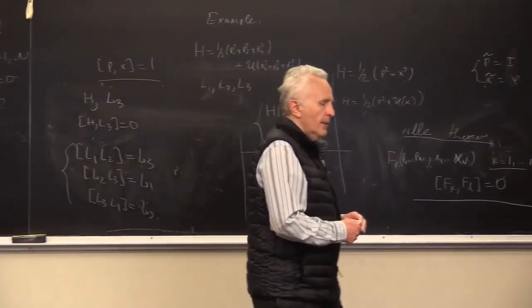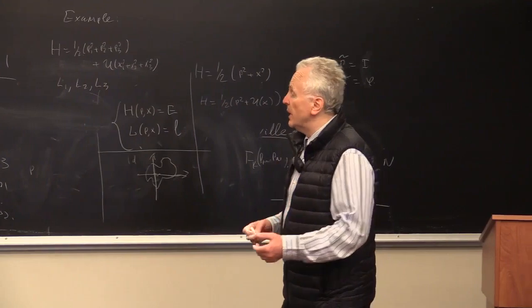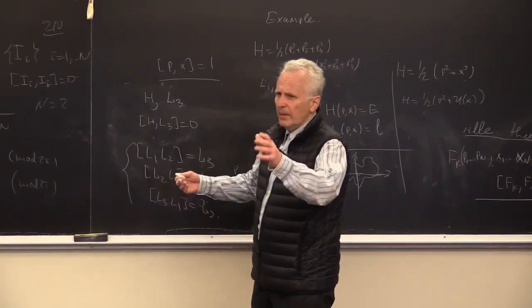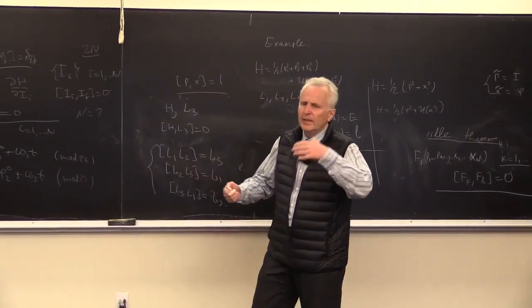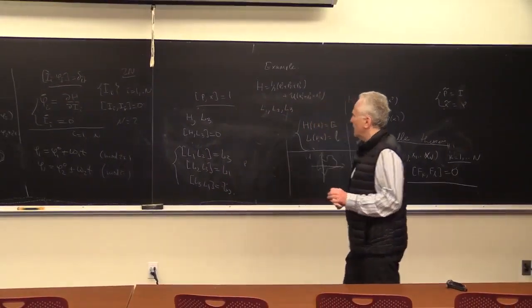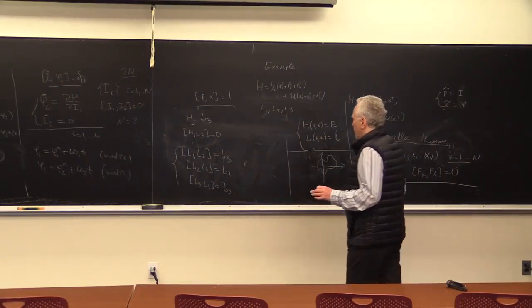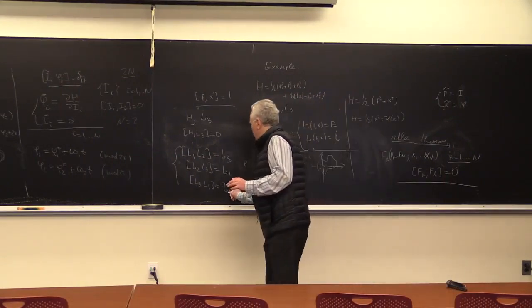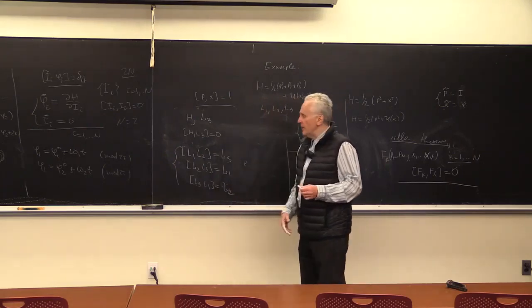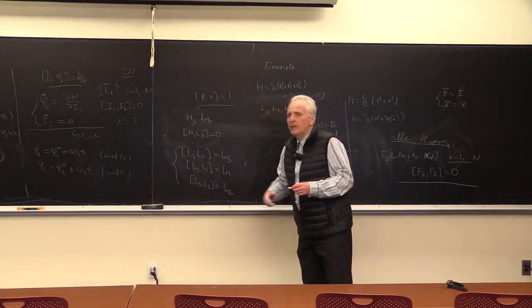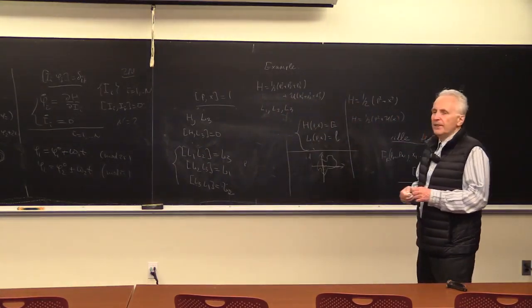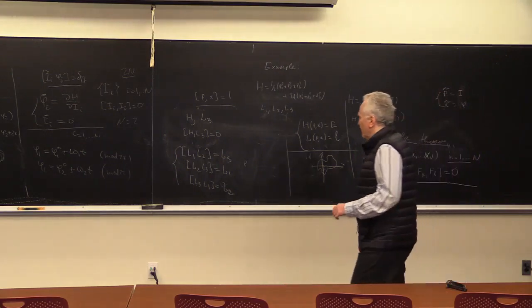So we have these non-zero commutators, or Poisson brackets. That's another synonym; I'm sometimes saying Poisson brackets, sometimes commutators. It's the same thing. All right, so we need one more, which will commute with the Hamiltonian and with L3.